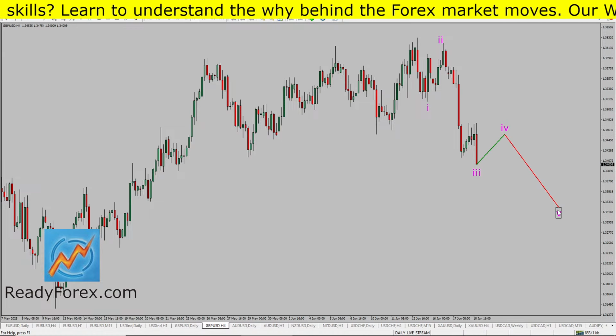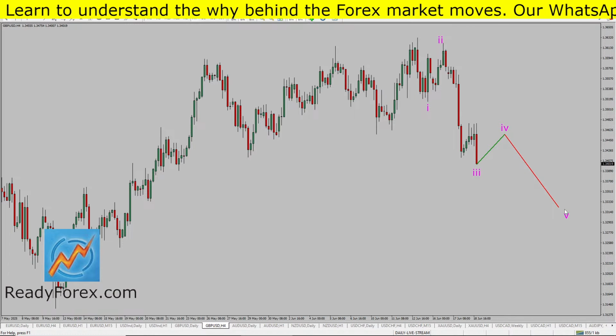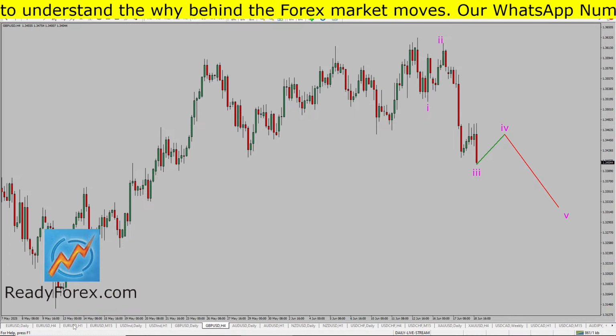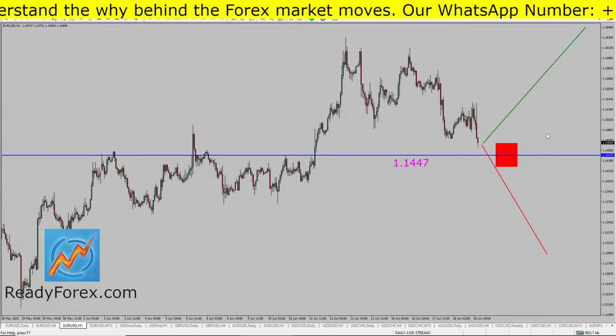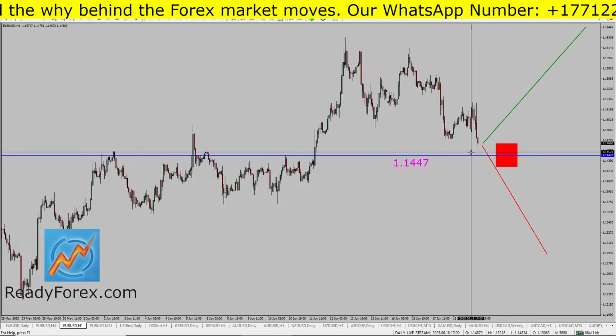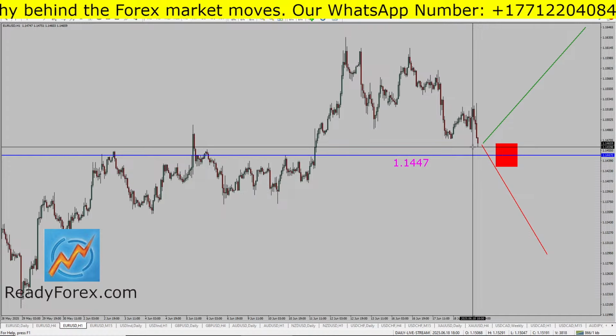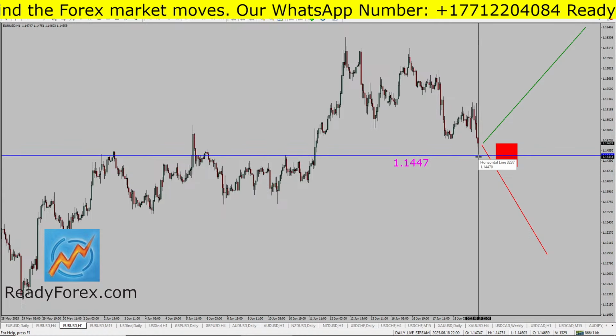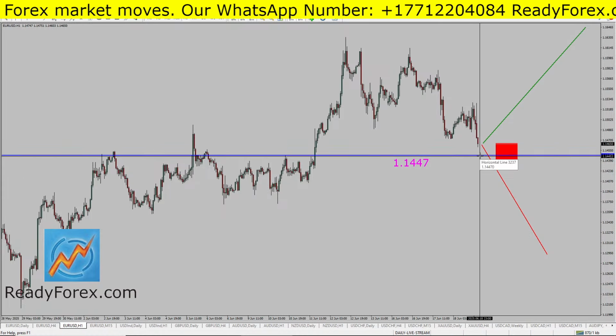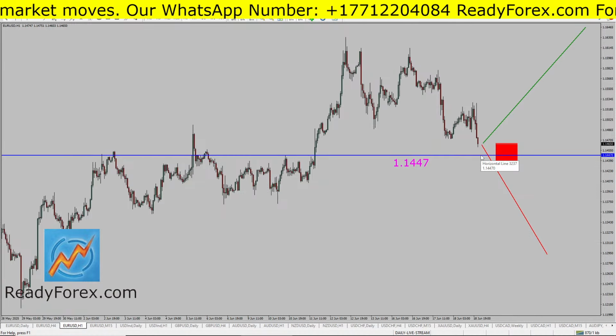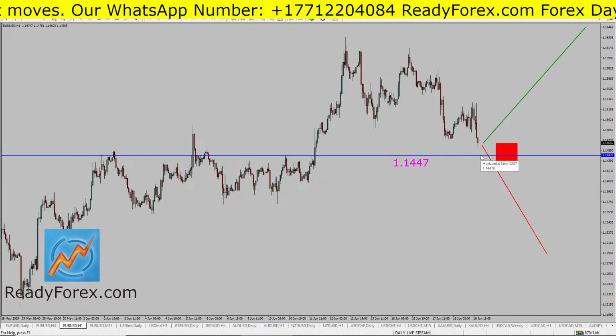Next, expect weakness in the price action of the GBPUSD currency pair. If you take a look at euro dollar, you see it is trying to drop over here. The way I see, I think it is going to break below the 1.1447 level. It's a high probability that euro dollar is going to break lower.